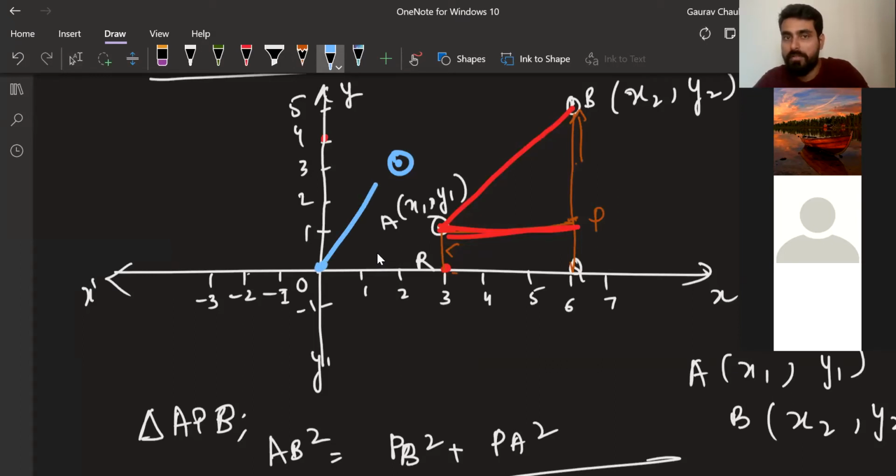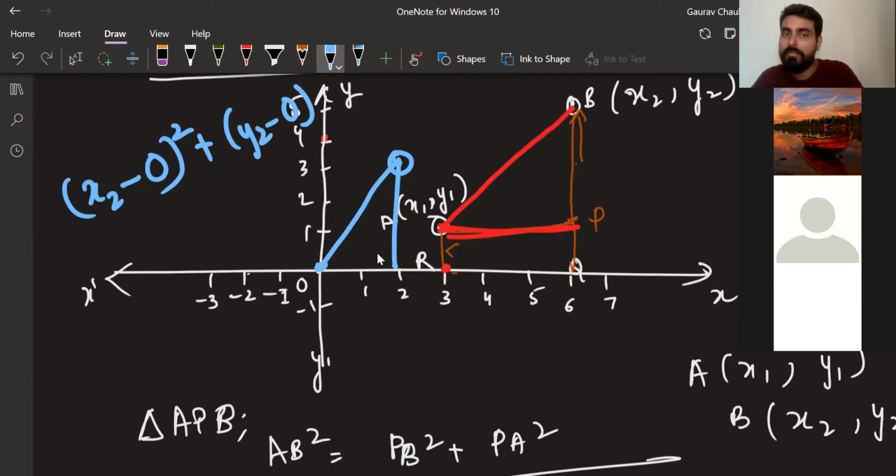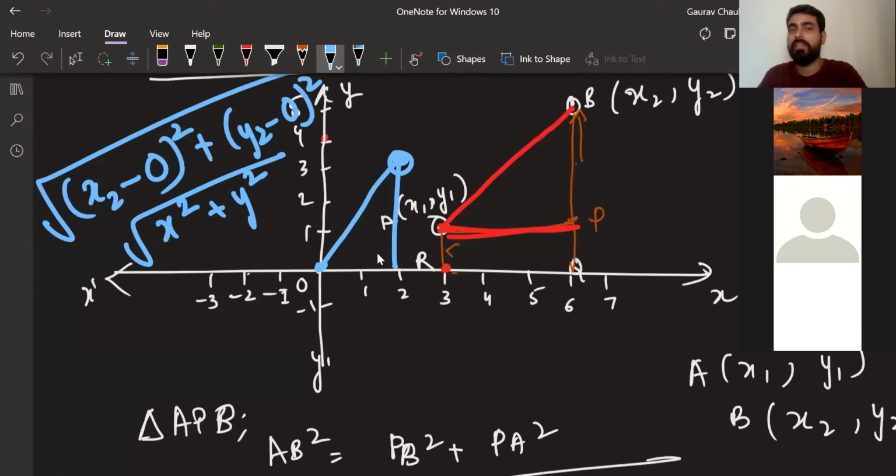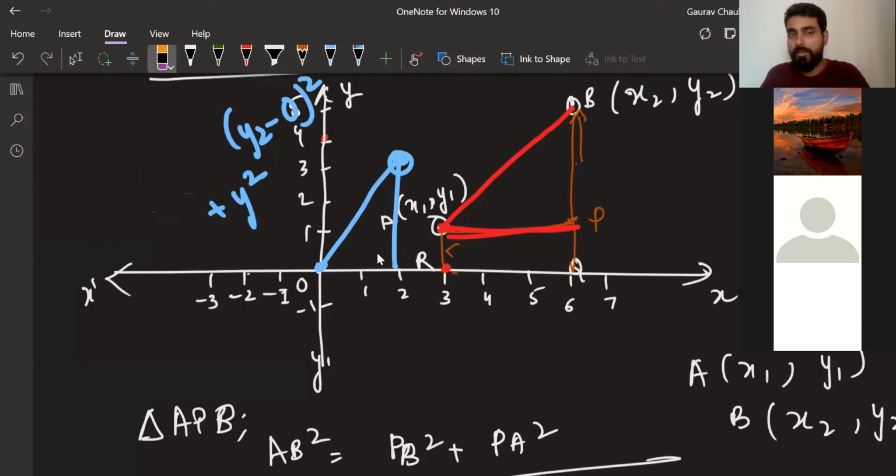Even if I use the same formula, x2 minus x1, where x1 is 0, so x2 minus x1 is 0 whole square plus y2 minus y1 is 0. That's basically x square plus y square: this point's x coordinate squared plus its y coordinate squared, whole thing under root.